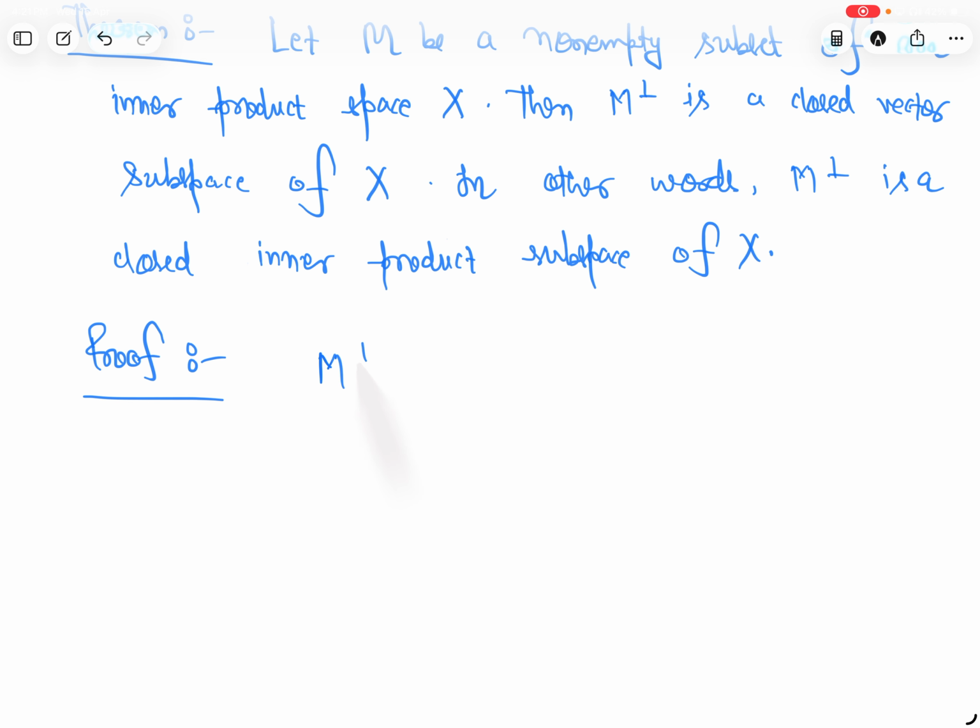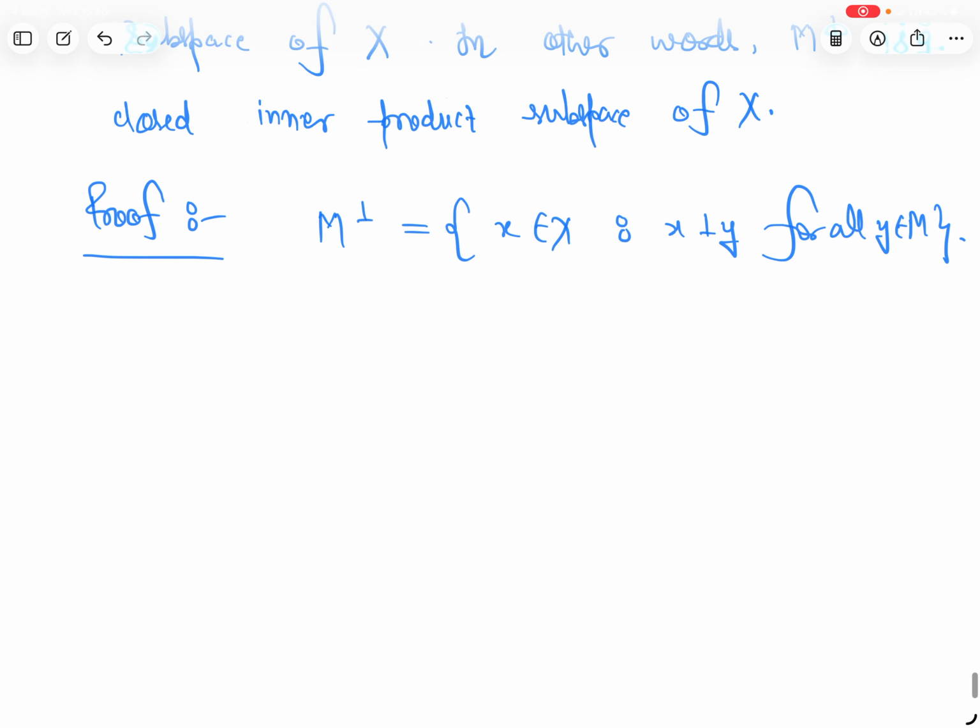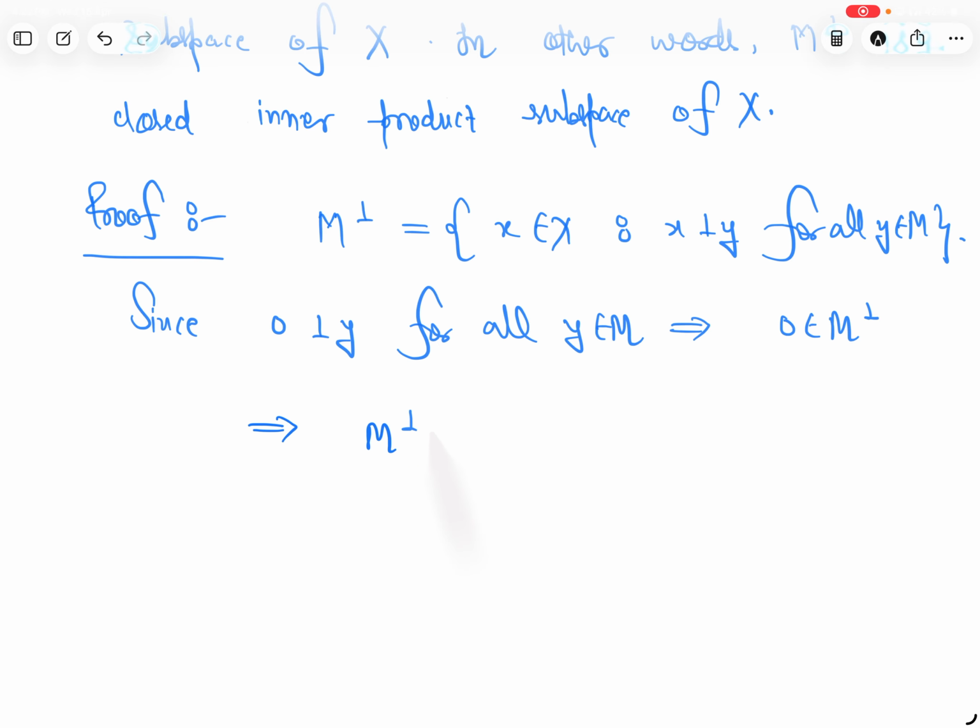M perp means the collection of x belongs to X such that x is orthogonal to y for all y belongs to M. Since 0 is orthogonal to y for all y belongs to M, that means 0 belongs to M perp. Okay, so this implies M perp is non-empty.